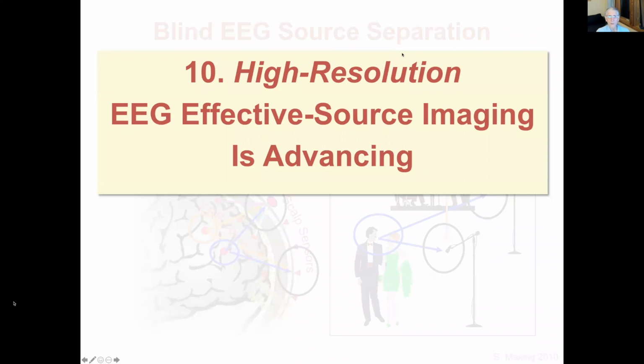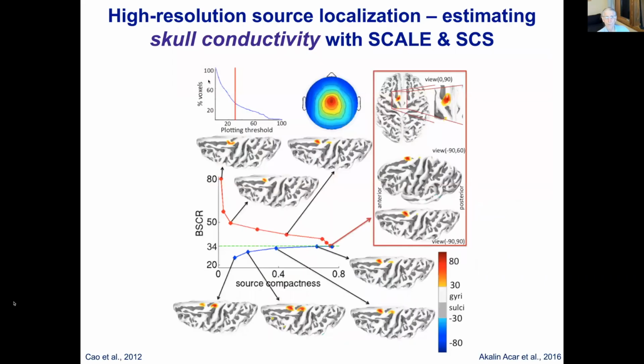So there has been a lot of talk about low resolution EEG source imaging. How possible is it to perform high resolution EEG source imaging of effective sources? This is from a paper in 2016 by Zainepikale and Achar.